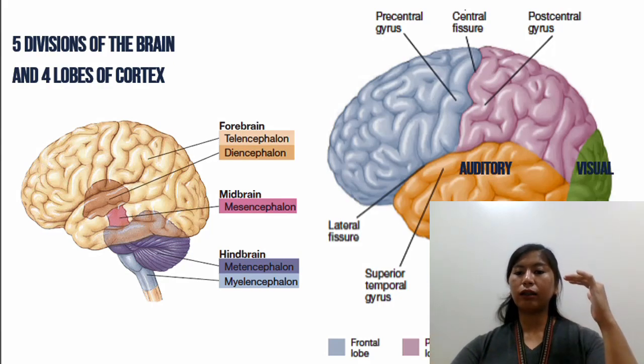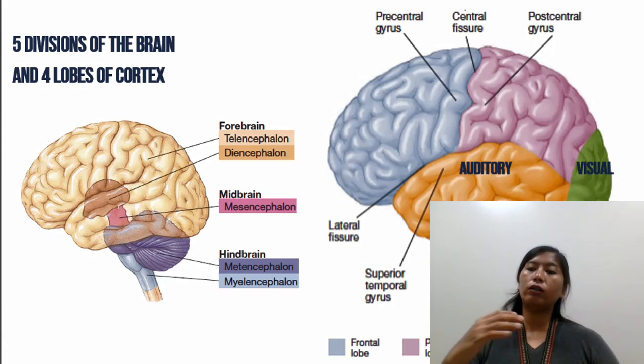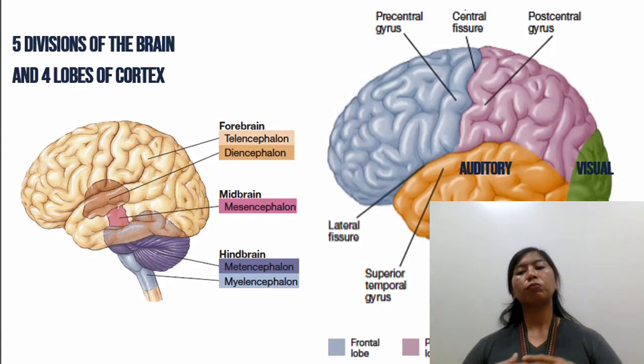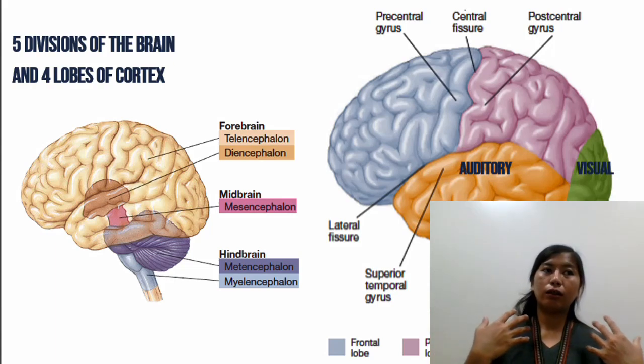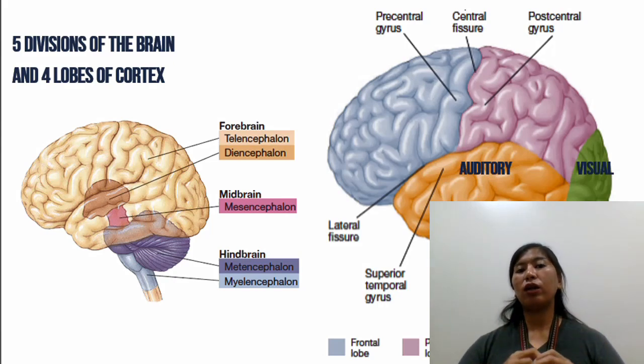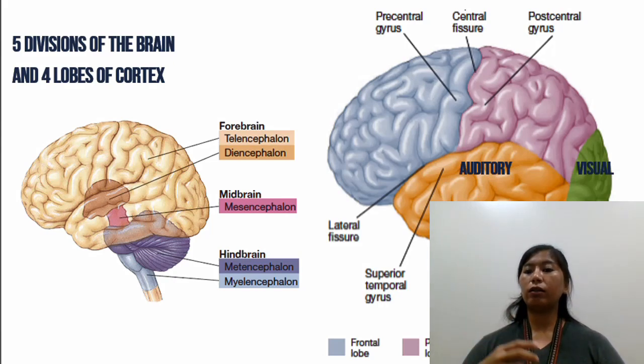Then on the auditory, you will notice here it has a lateral fissure, a major division between your frontal and parietal cortex. The temporal lobe is concerned with processing our auditory stimuli.